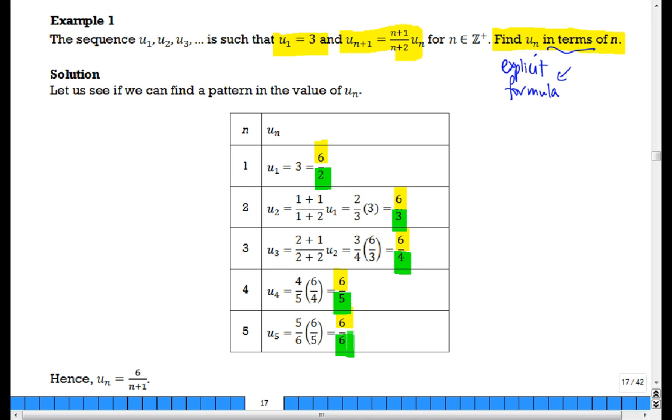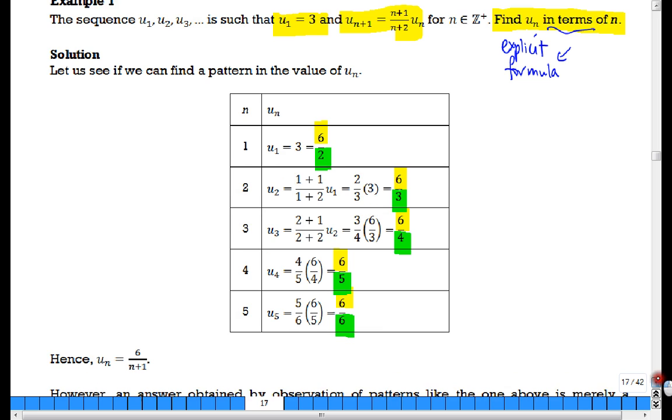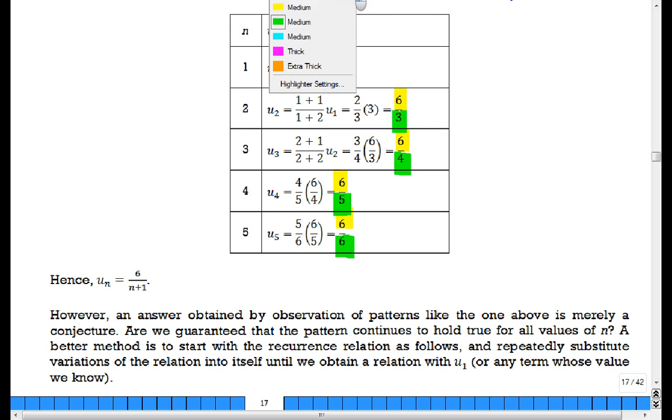By spotting the pattern, you therefore say, oh okay, I know. Now Un is 6 over something: the numerator must always be 6, and the denominator is just n plus 1. Can I warn all of us that by writing that, it is only just a conjecture?